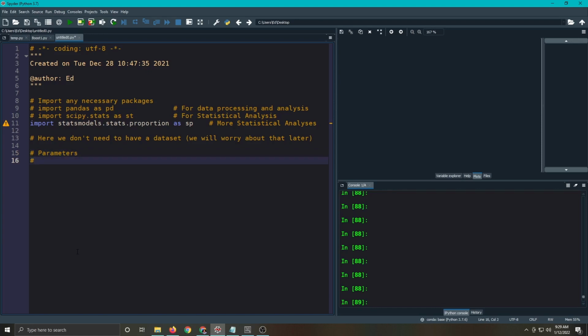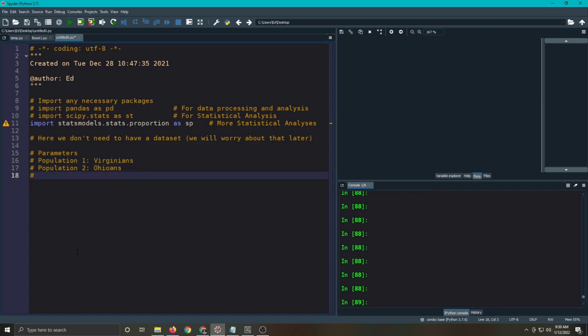Suppose we have population 1, and I live in Virginia, so we're going to have Virginians. And population 2 is going to be people from Ohio, because I grew up in Ohio.